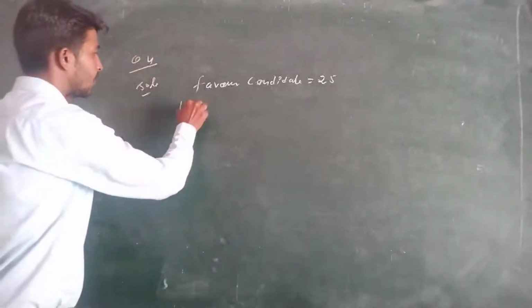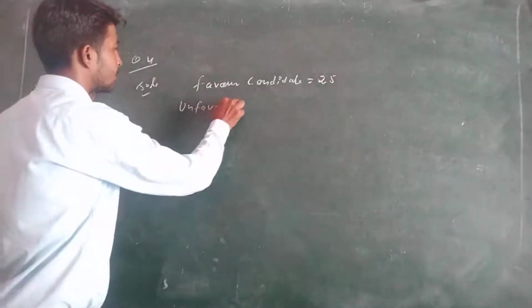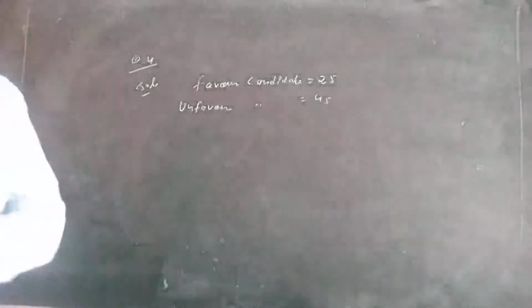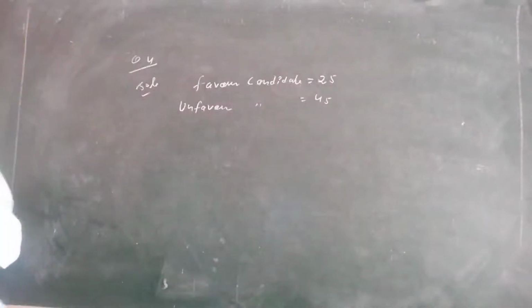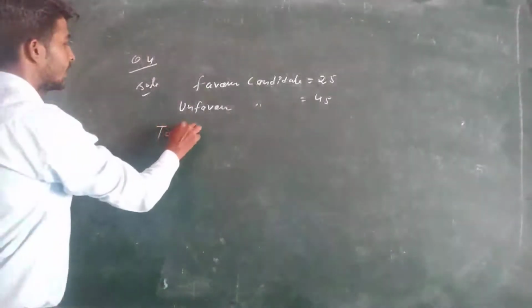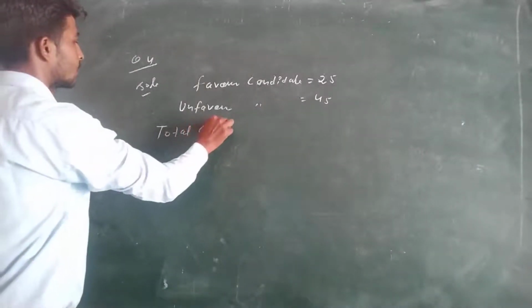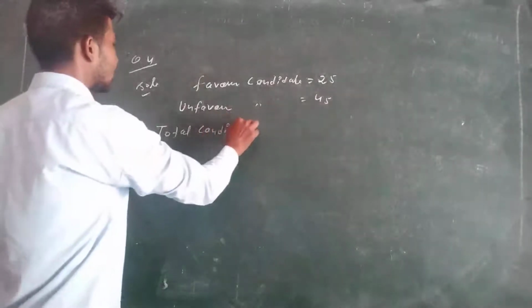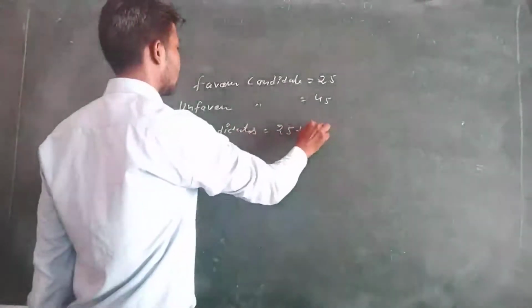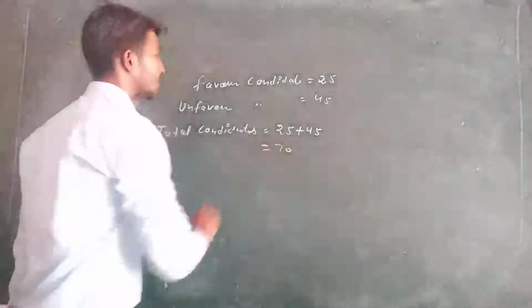And unfavor candidate, that is 45. Okay, so total number means favor and unfavor, total candidates is 25 plus 45, answer is 70.